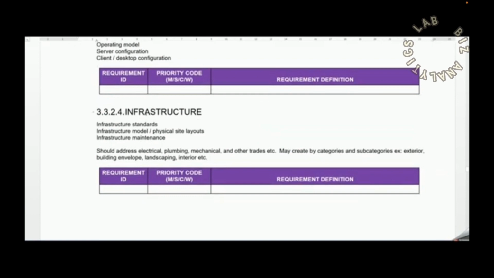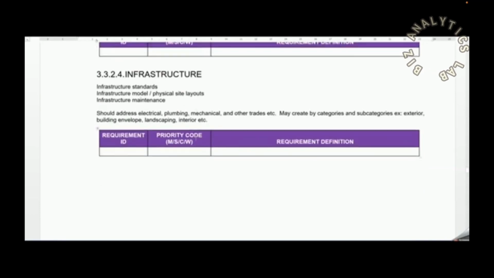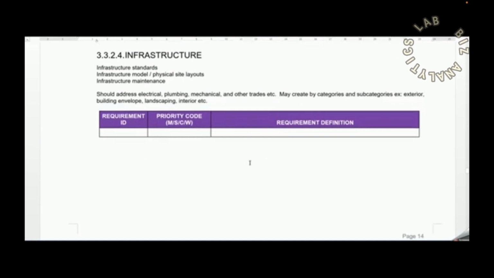If you are working on other types of projects that require infrastructure standards and model and physical site layouts, for construction companies or electrical, plumbing, mechanical, or any other trades, then maybe this is something you want to include in your requirements document for your construction projects, right? But like I mentioned before, you can take certain sections out because not everything is going to be applicable to you, and you should really customize it to meet your own needs.